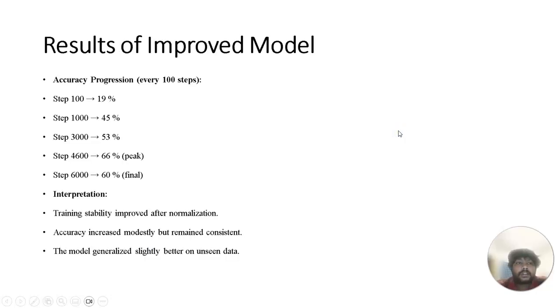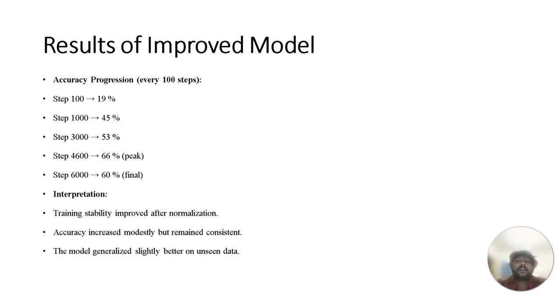And coming to the next slide, we have the results of the improved model. This slide shows how we improved during training, with the progression of accuracy over time at every step.